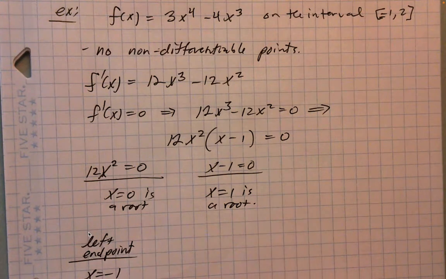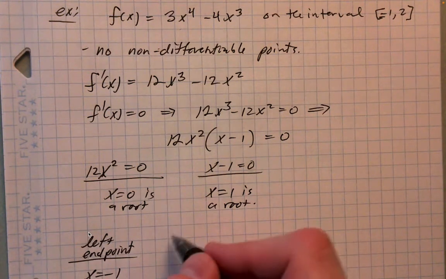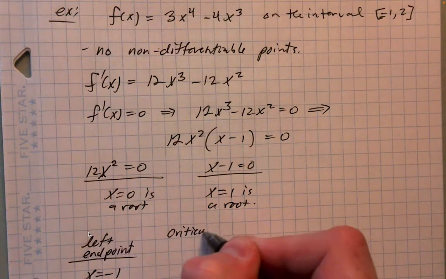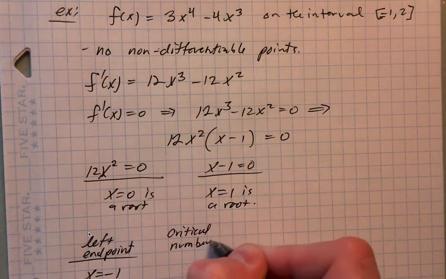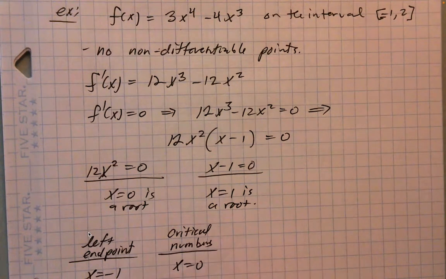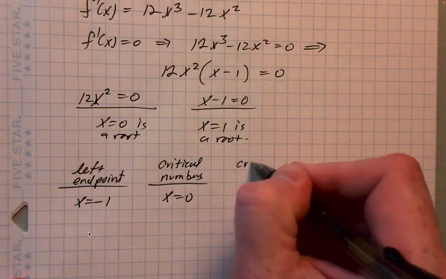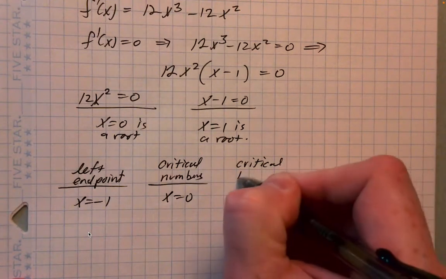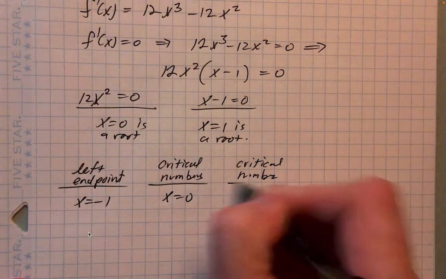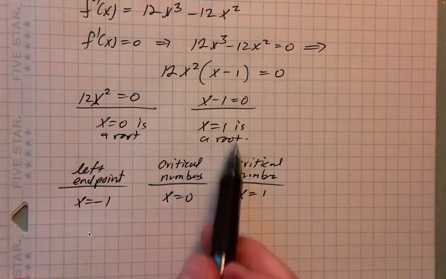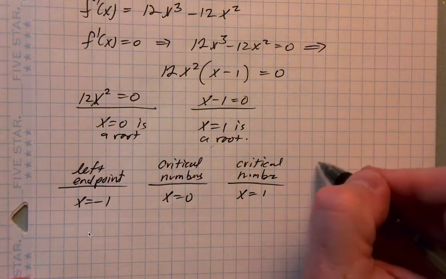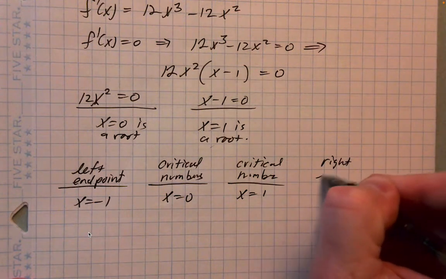I've also got two critical numbers. So I've got x equals 0, which I found right here, and another critical number, x equals 1, which I found right here. And then I've got the right endpoint.